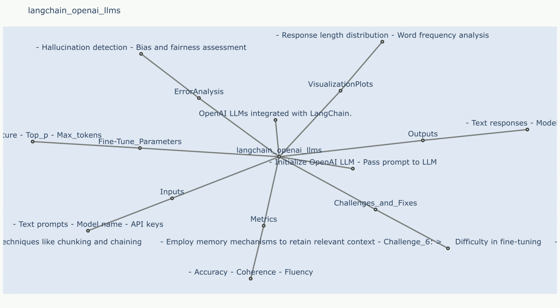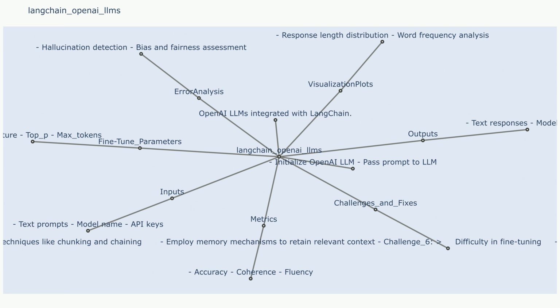Fact verification: implement mechanisms to verify the accuracy of the generated responses against reliable sources. Prompt engineering: frame prompts that encourage the model to cite sources or provide evidence for its claims. Knowledge integration: integrate external knowledge sources or databases to enhance the model's factual accuracy.